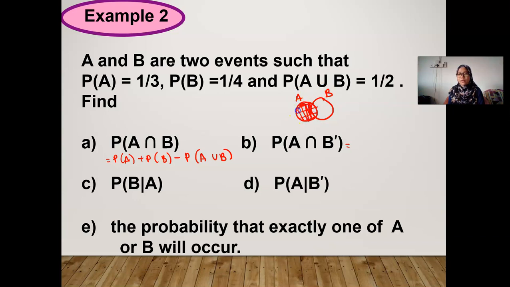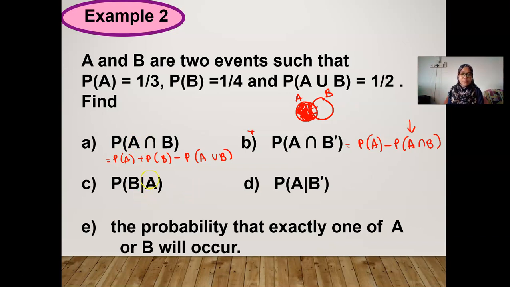It is actually the A part, minus the intersection. So P(A) minus P(A intersect B). So your answer for B depends on the answer from A as well, because you have to substitute it here. So make sure you find the intersection value correctly.